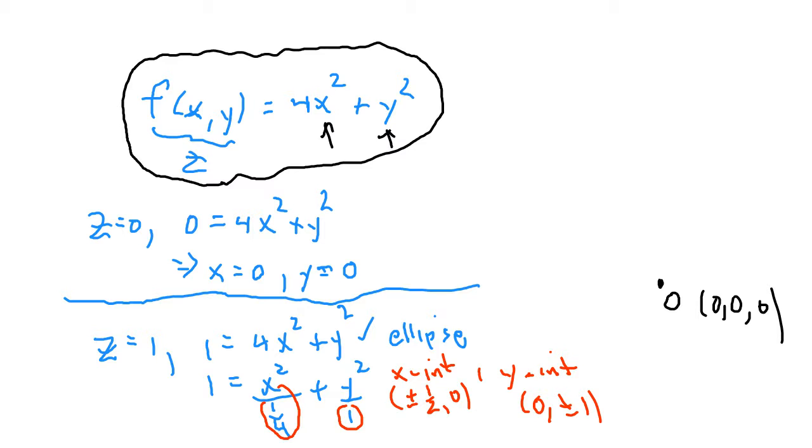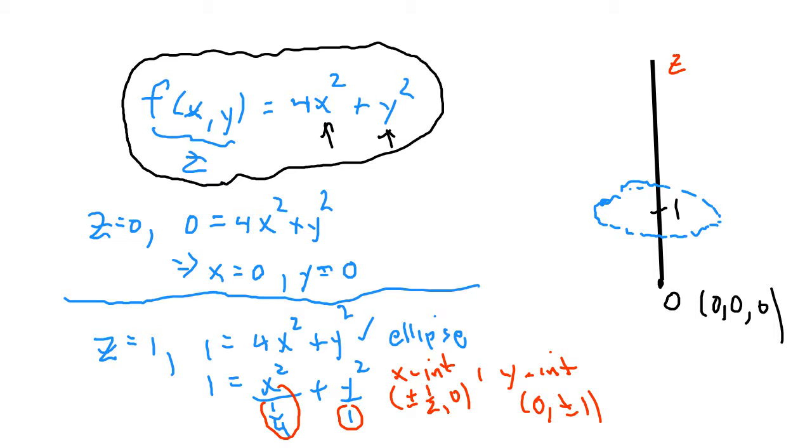But the point is, if you think here of the z-axis, there's the z-axis, and when z is 1, you're going to have an ellipse there.